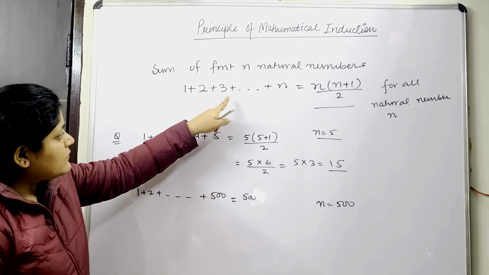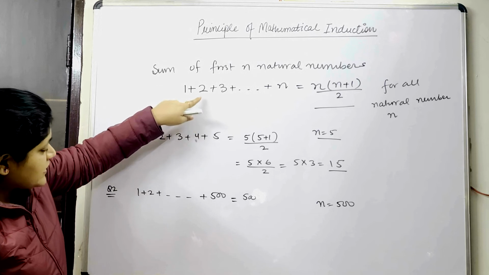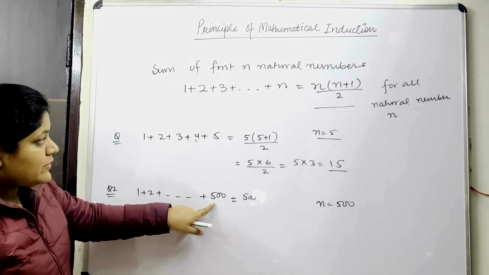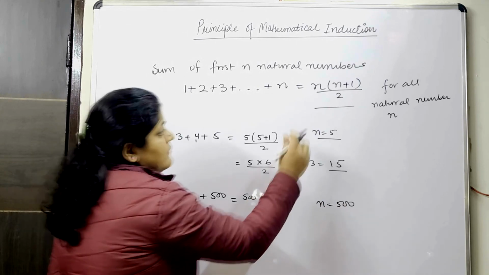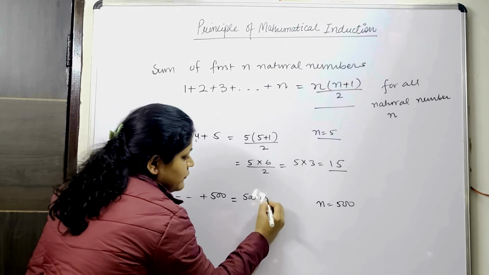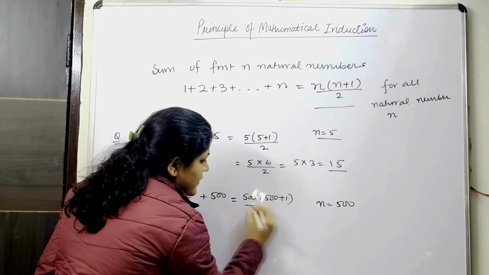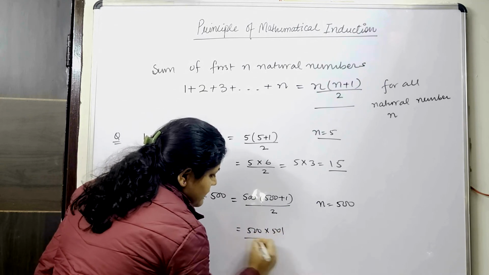When we compare this with this statement, the value of n is 500. So we substitute n as 500 in the formula n into n plus 1 over 2. So 500 into 500 plus 1 divided by 2, and we will get 500 into 501 divided by 2.